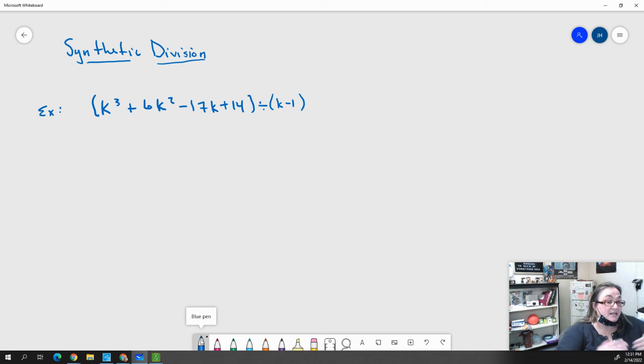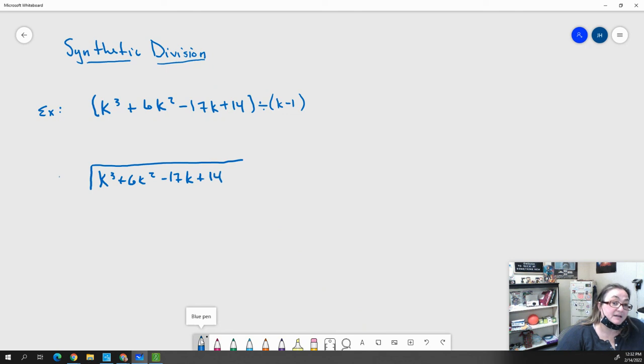And I needed to do this in long division form. Well, we'd have to set up the little division box, right? And under it, we would put this whole mess of stuff: k cubed plus 6k squared minus 17k plus 14. And over here, we'd have the k minus 1. And we would work our way through this one at a time, right?